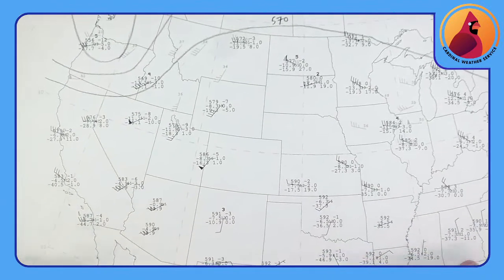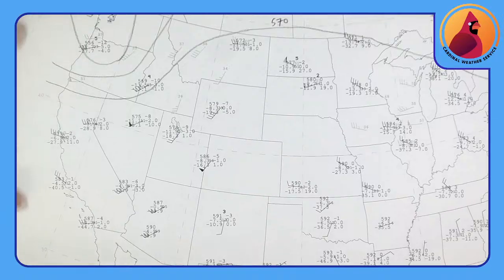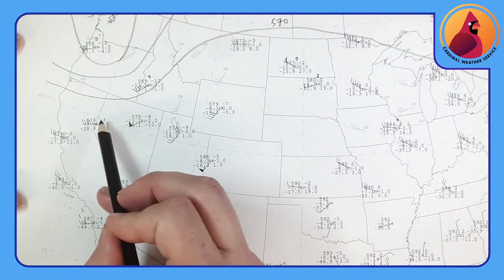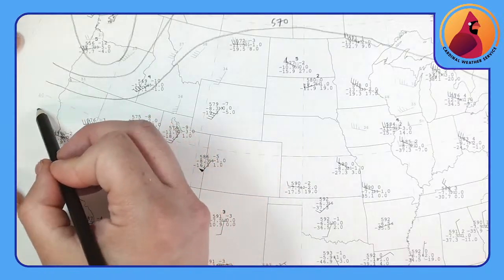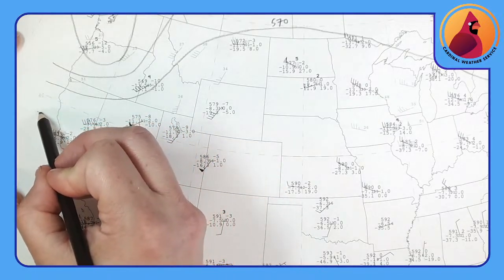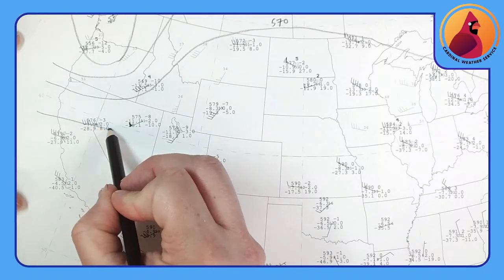Alright, now our next line is going to be the 576 line, for which we have this station, so we can start and just go right through there.